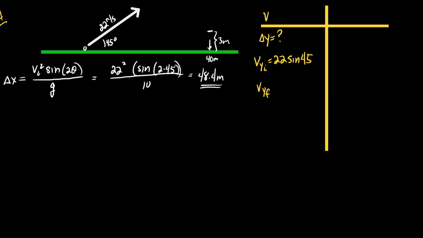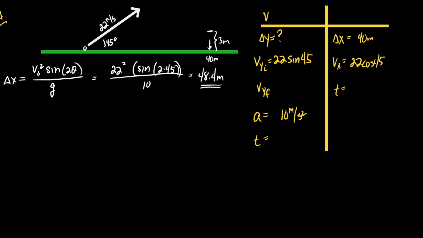Vy final is unknown. The acceleration is 10 meters per second squared, and time of flight. Delta x is known. We are asking specifically about something at the 40-meter mark. So I'm putting in the displacement of 40 meters. Vx is also known, 22 cosine 45. And again, I want the time.